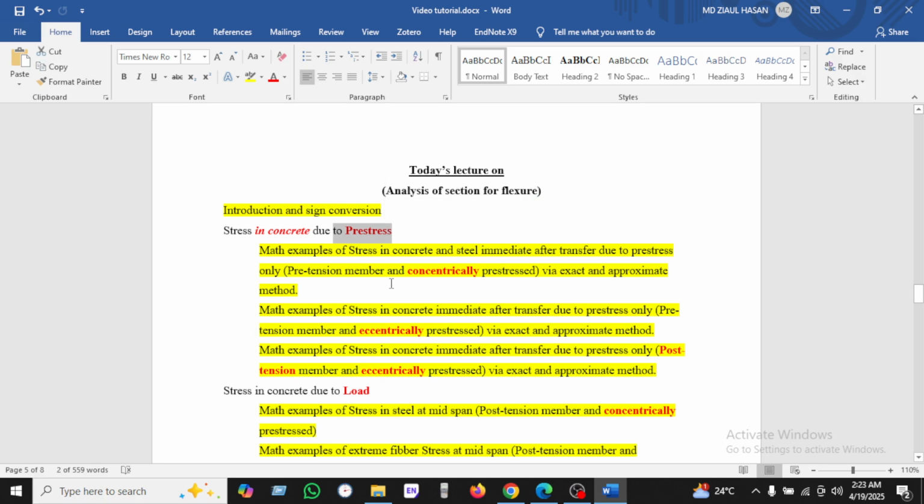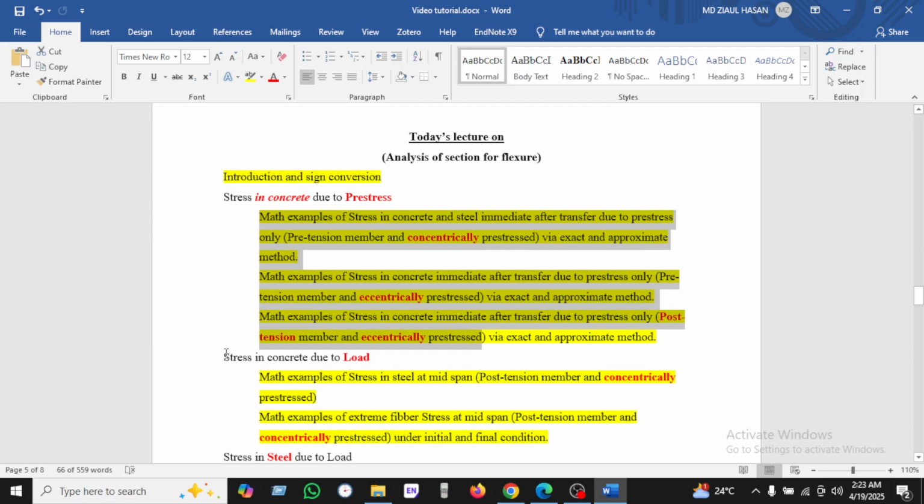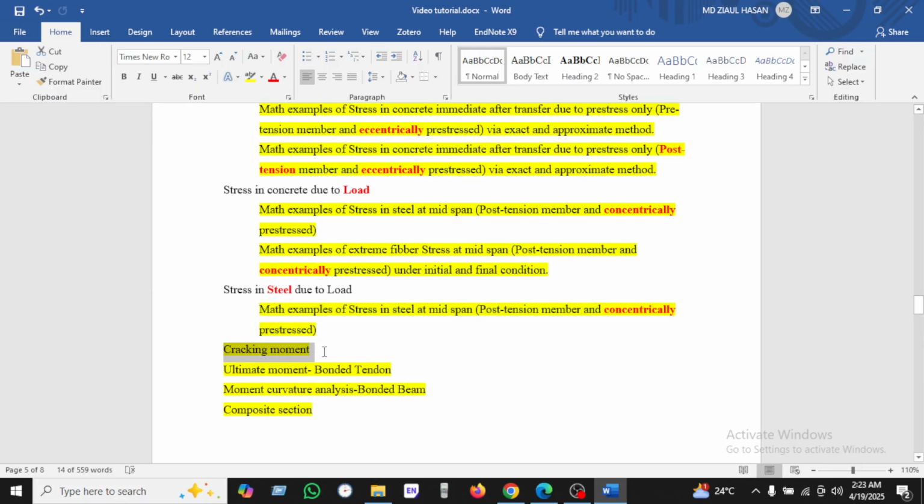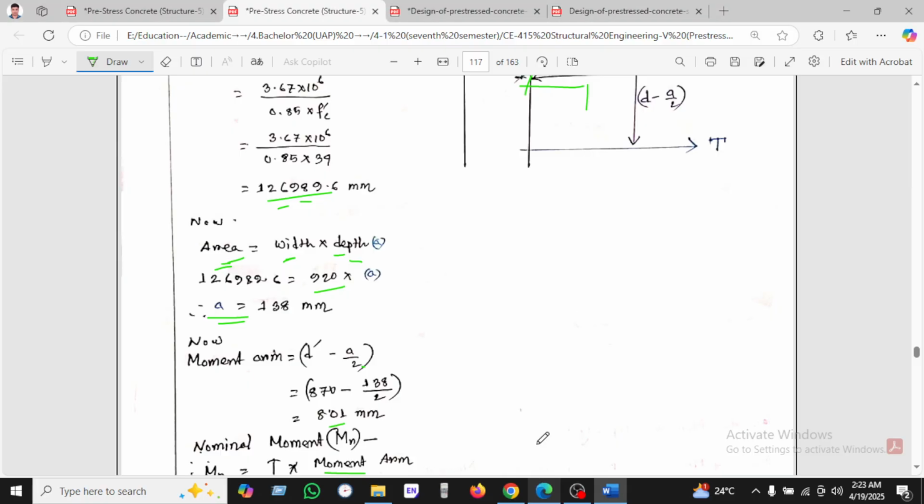For prestress load we calculated this type of math, and for the stress in concrete due to load we used this type of math. We will calculate cracking moment, and then ultimate moment, bonded tendon, and moment curvature analysis, bonded beam. It has a bonded tendon and composite section. Thank you everyone. If you have any question, then let me know.